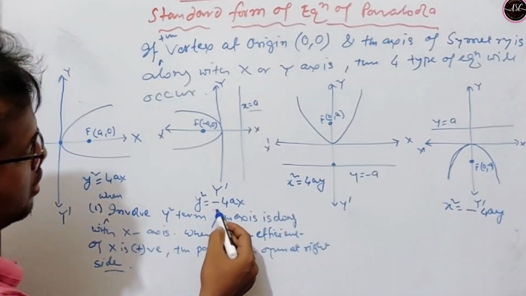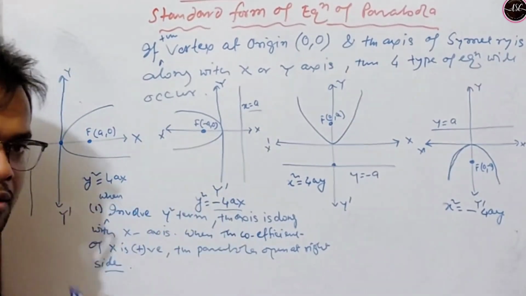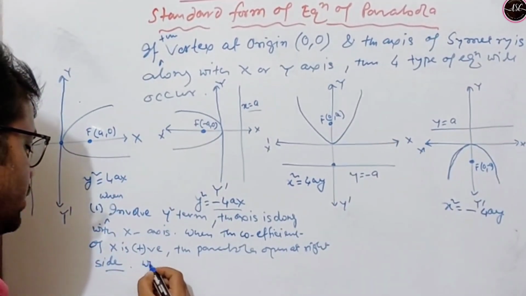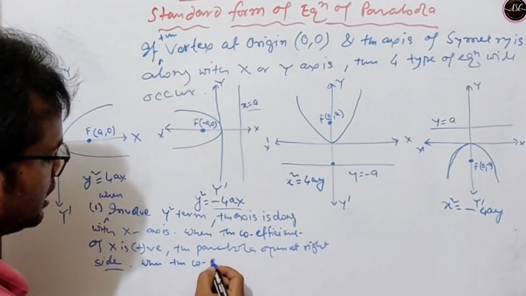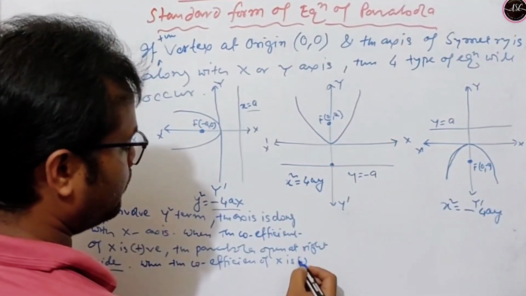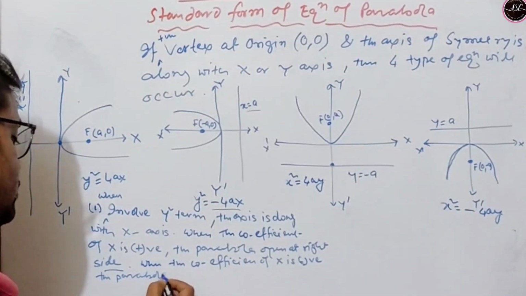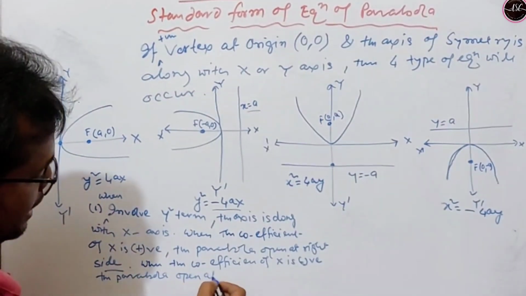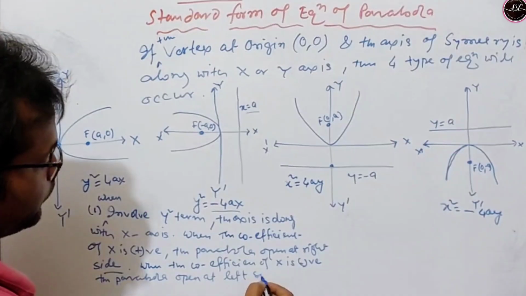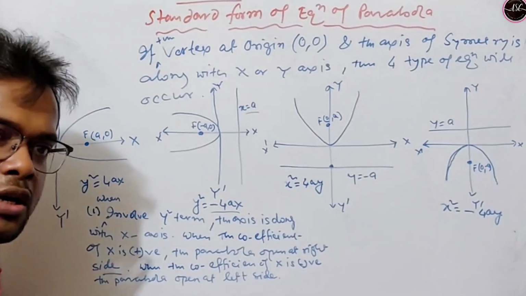When the coefficient of x is negative, the parabola opens to the left side. Clear? So this observation we have found.